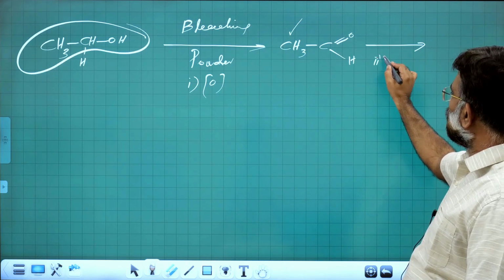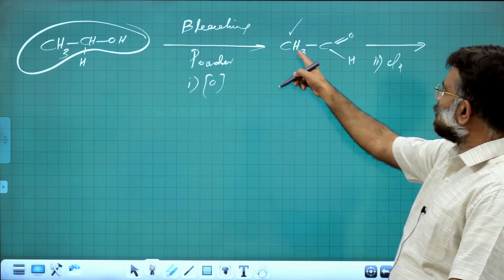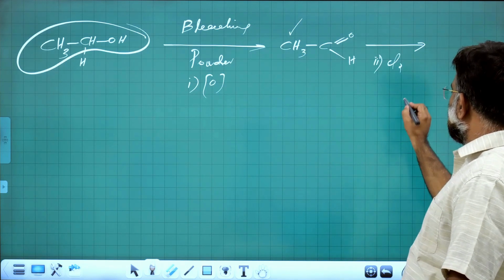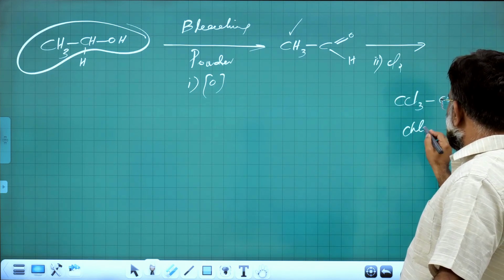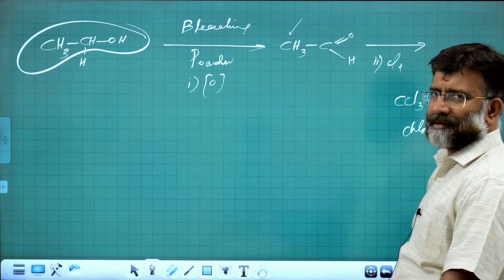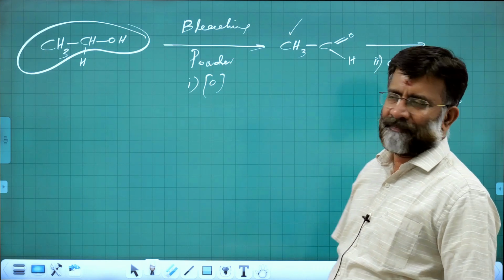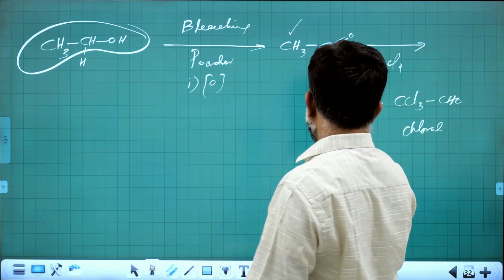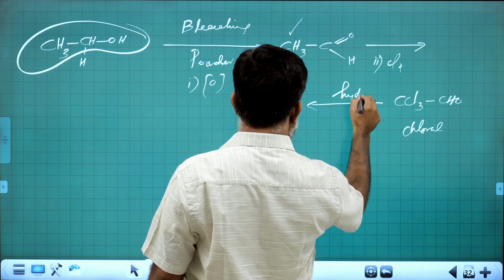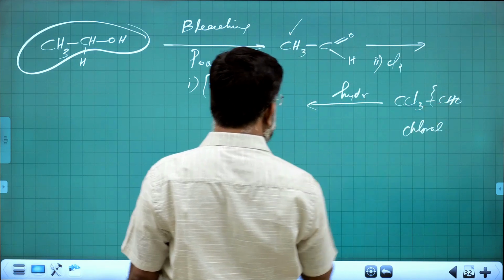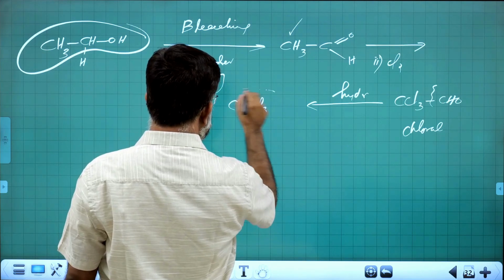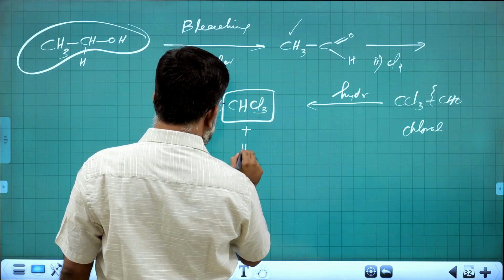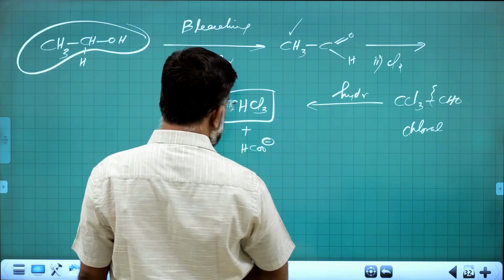Second step, chlorination reaction. This carbon will be chlorinated. You get CCl3CHO, called chloral, trichloroethanal. And the final step will be hydrolysis. It is going to cleave over here. You get commercial chloroform, CHCl3, plus HCOO minus.